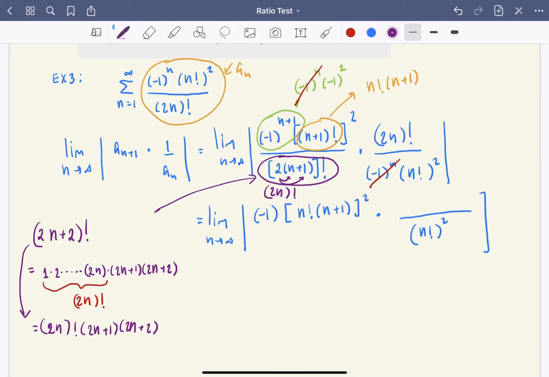2n factorial times 2n plus 1 times 2n plus 2, which again we see that 2n factorial and 2n factorial cancel out. Okay, so what we have at the bottom is like this. Here nothing left, so we just put 1. And then what is this one?